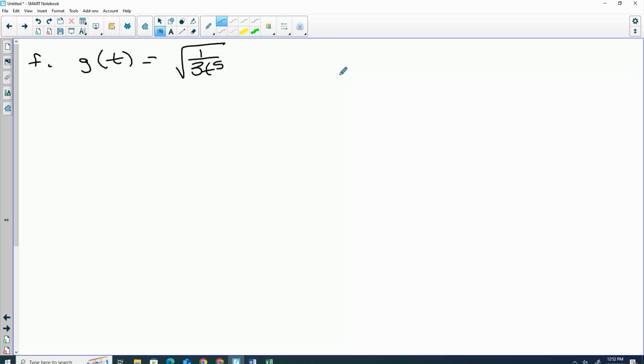Alright, so first of all, a square root is like what power? Okay. A half. You could even write this as 3 to the t to the fifth, all to the negative 1/2, and that would be the easiest way to work through it. Then we just have to do chain rule.